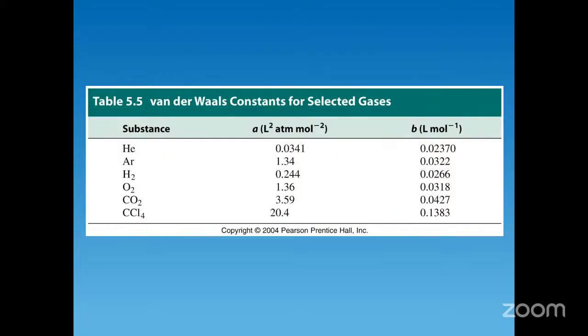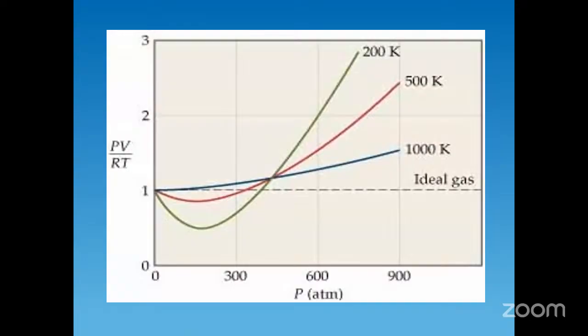Now, the last slide, the one that I just jumped over, shows you graphically how a gas behaves when you vary the temperature, in terms of comparing it to an ideal gas. So remember, the equation for an ideal gas is PV = nRT. If I rearrange this, you get n = PV/RT.